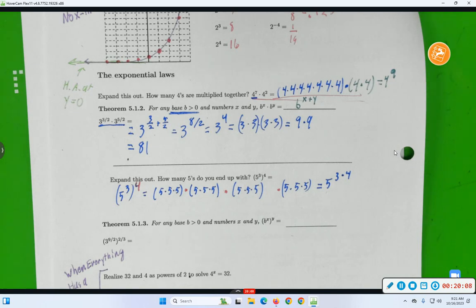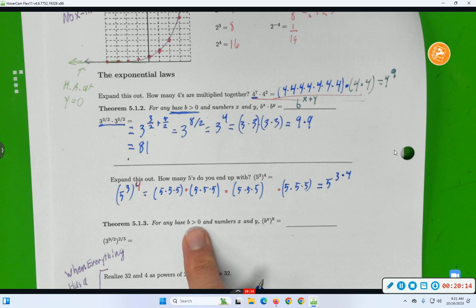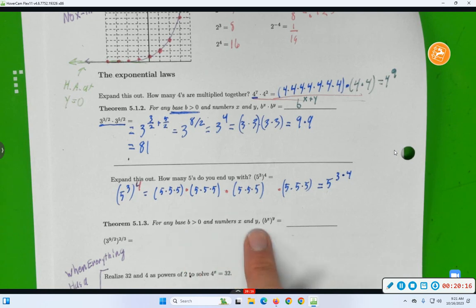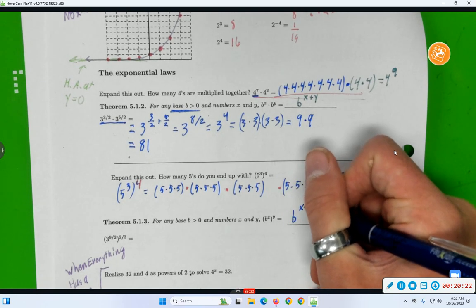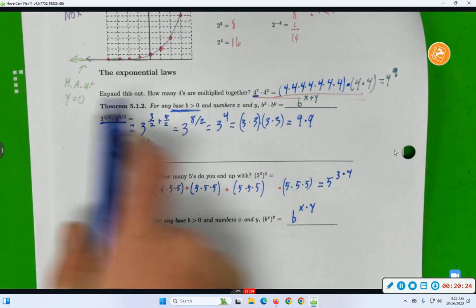Basically for anything, whenever you have a positive base, a legal base, and you have some numbers x and y that you want to exponentiate by, b to the x to the y is the same as b to the x times y.